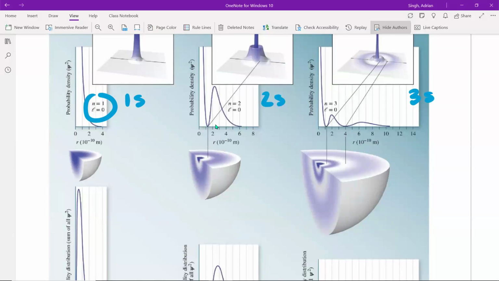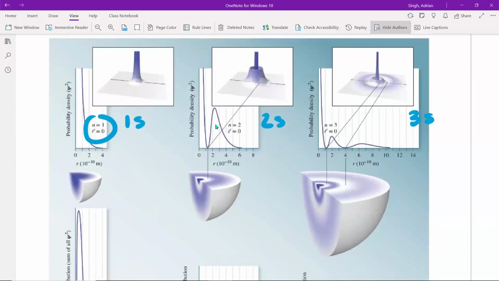We can see that in addition to what we had originally here, there's another peak, and then we have a node, right, where the probability of finding an electron is 0. And that corresponds to this region right here. So this is a 3D cross section of your atom, of the orbital, to be more precise. So then we have another peak as we go with the probability density right about here.